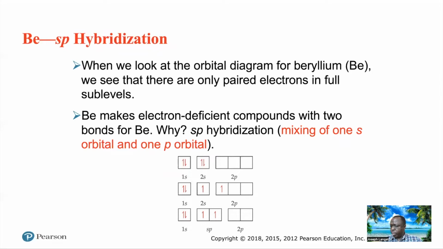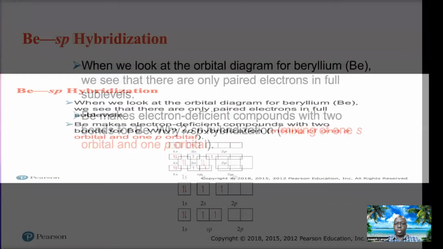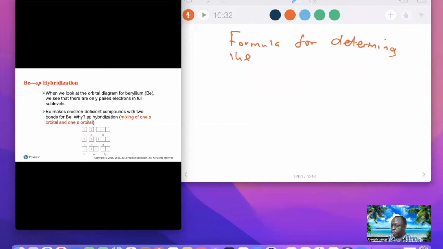I want to title this formula for determining hybridization. Let me minimize this so that you see the whiteboard.